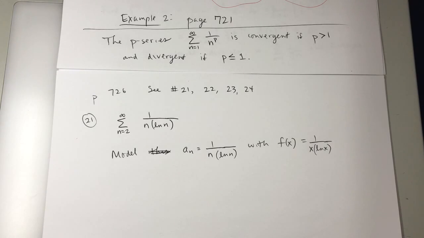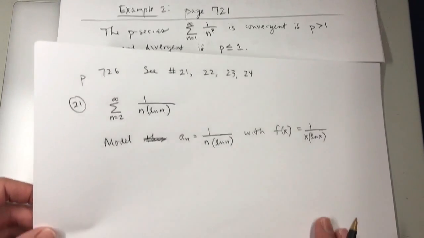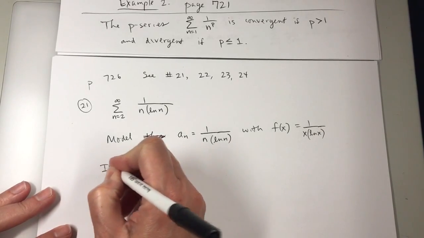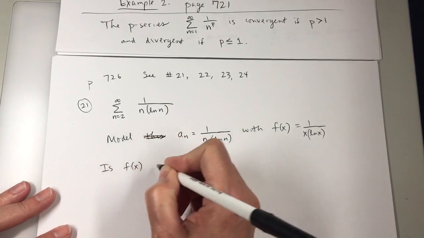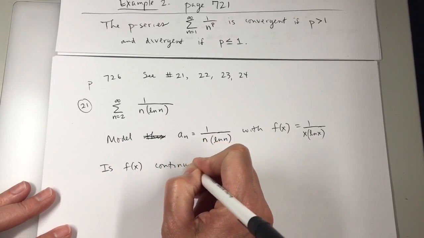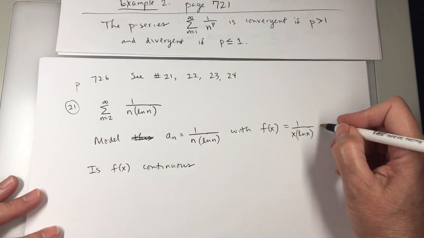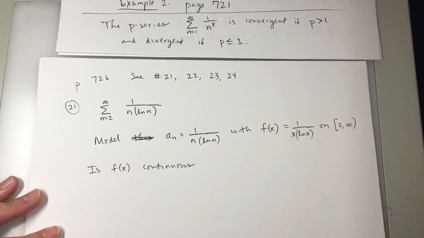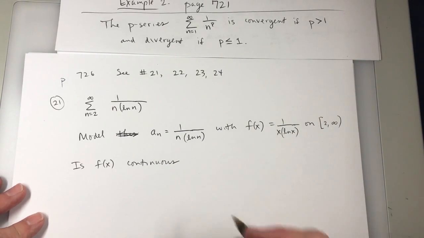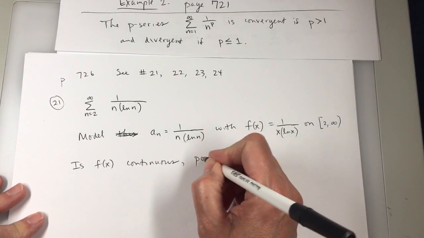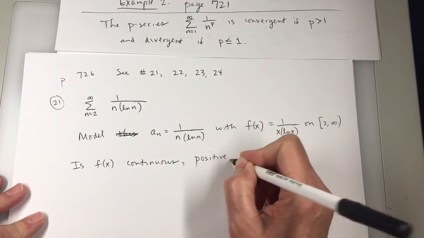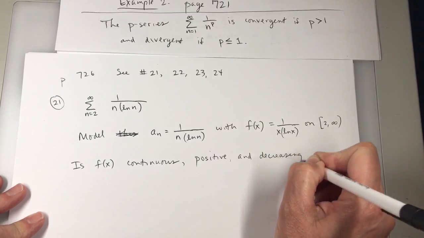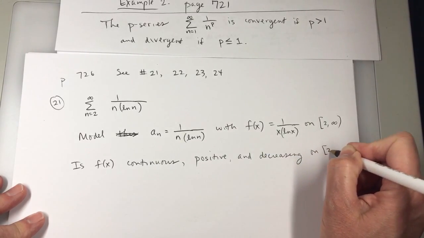And I'd like to try the integral test, so I need to look at the function and ask: is f of x continuous, positive, and decreasing on the interval 2 to infinity?